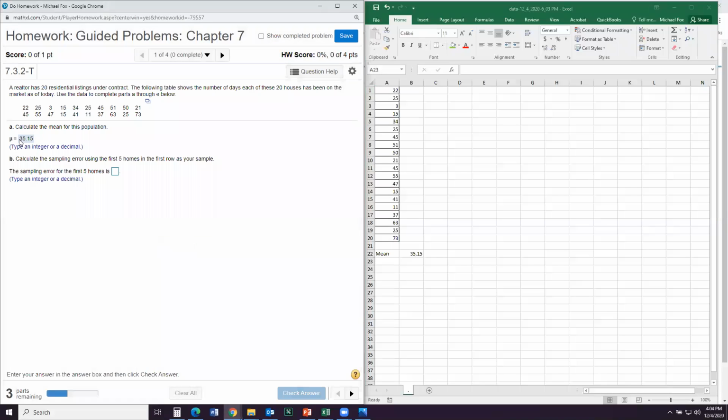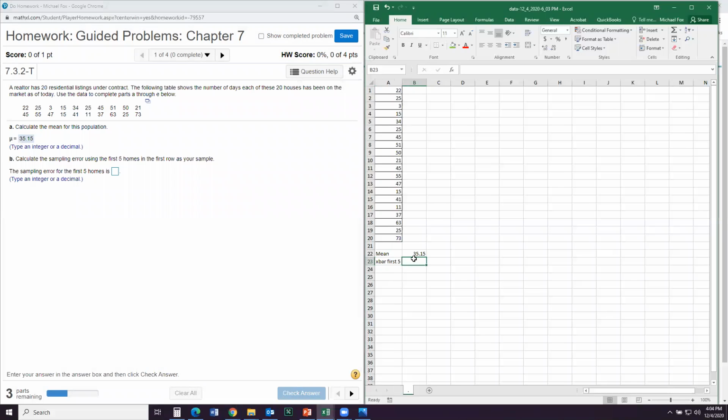Now they want us to calculate the sampling error. So the sampling error is just the mean of the sample minus the population mean. It says calculate the sampling error for the first 5. So I'm going to do X bar, that's the sample mean for the first 5. To find that, I'll just do equals average, and then highlight the first 5: 1, 2, 3, 4, 5.